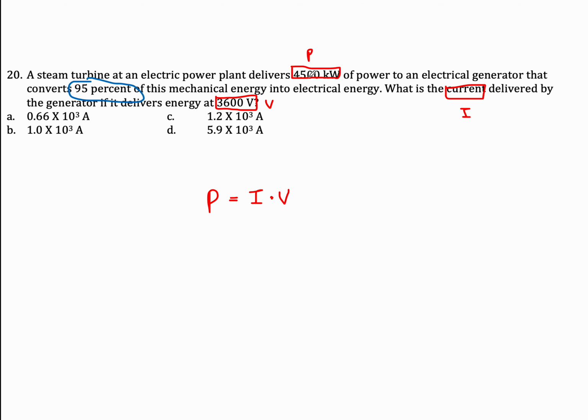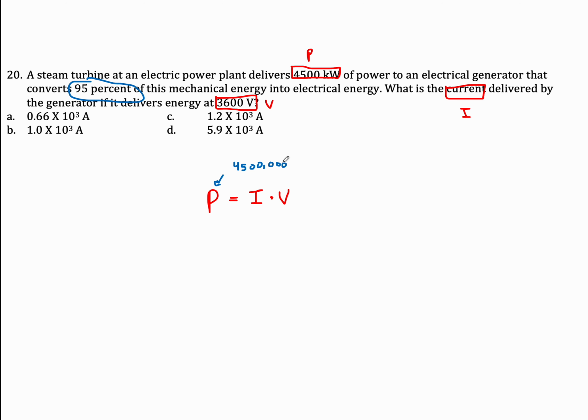Why? The power here that we're going to plug in here is 95% of this. So what's the actual power going to be? 95% of that. I'm going to write it out. Kilowatts is actually 1,000 watts.